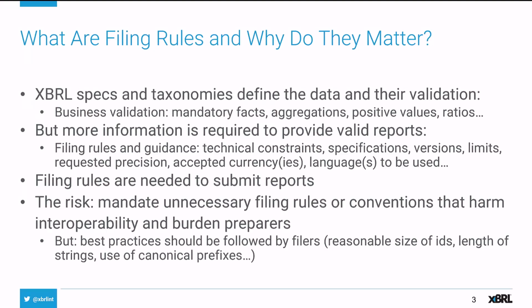For example, business validation should all be in the taxonomy if possible. For example, the fact that a fact must be reported, the check of values for aggregations, checking positive value, checking the structure of components, for example, for ISIN code and so on, ratios.